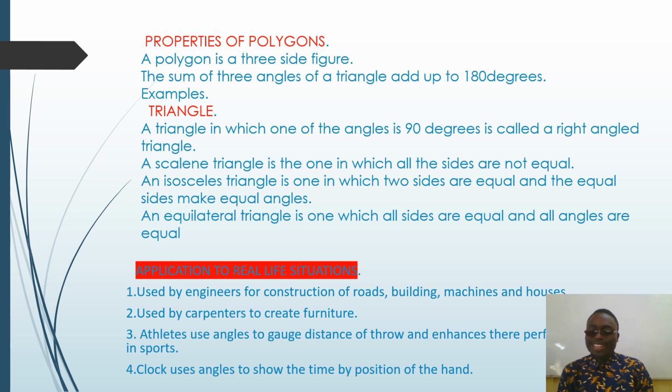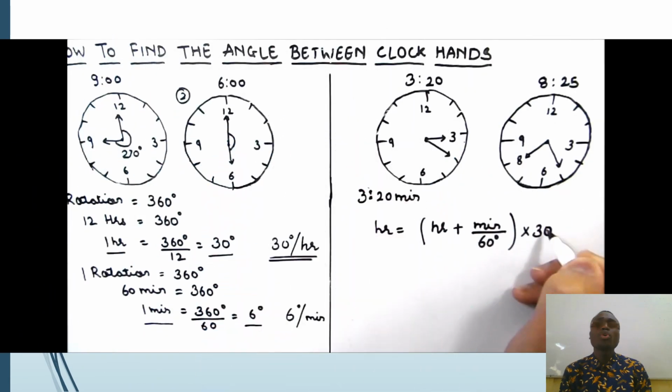So now let us look at the pictures. Now we have an application of angles demonstrated in a picture where we are told to find the angle between clock hands. How do we find this one? We know very well that one rotation is equal to 360 degrees.